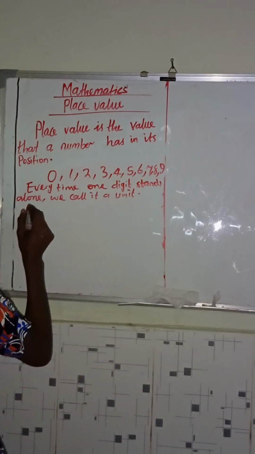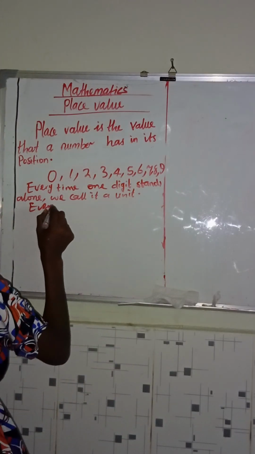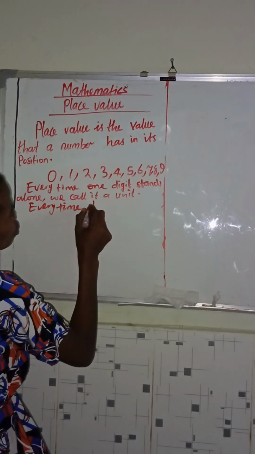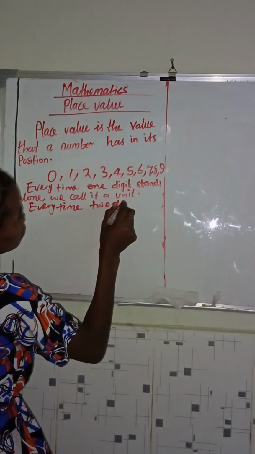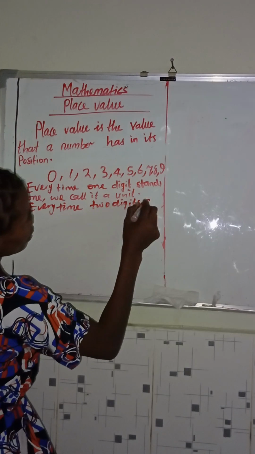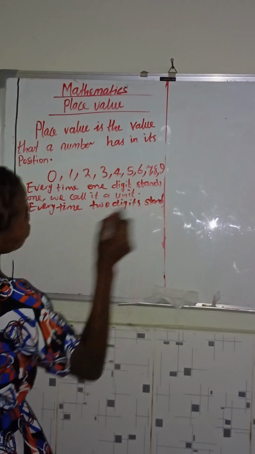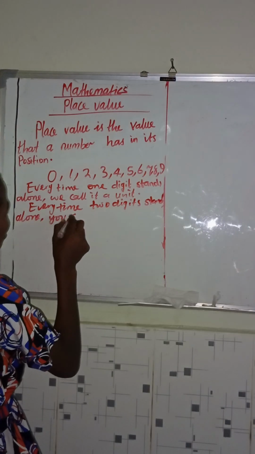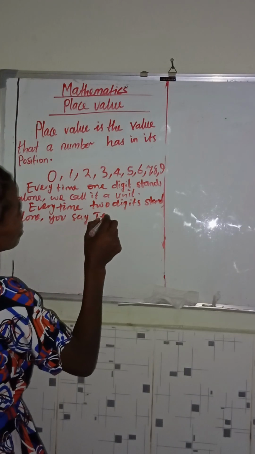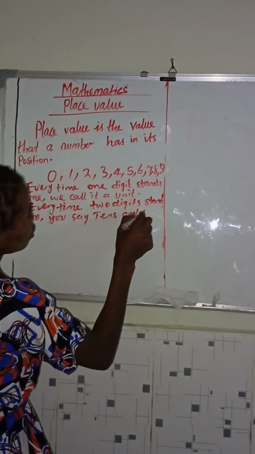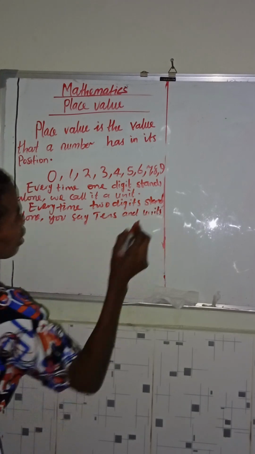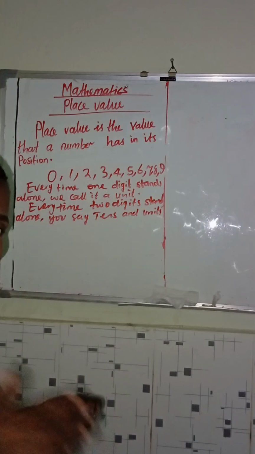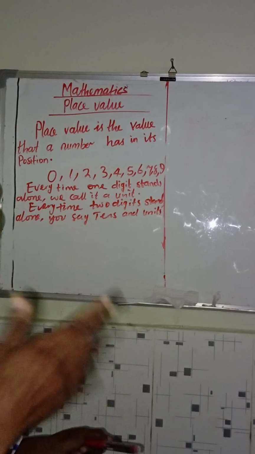So every time two digits stand alone, you say tens and units. Every time that two digits stand alone, you say 10, 10 units.